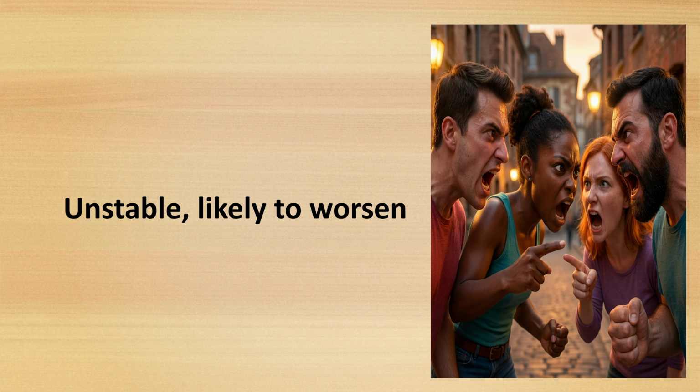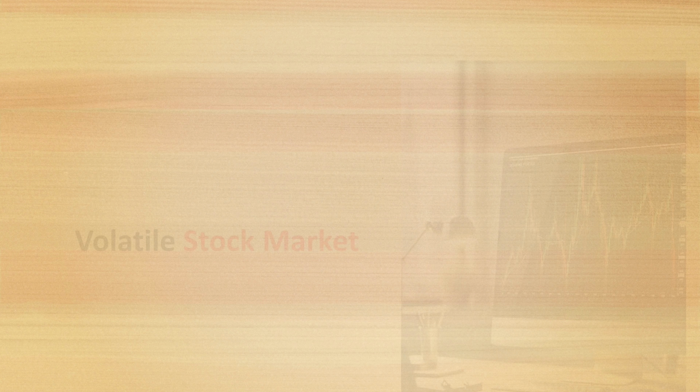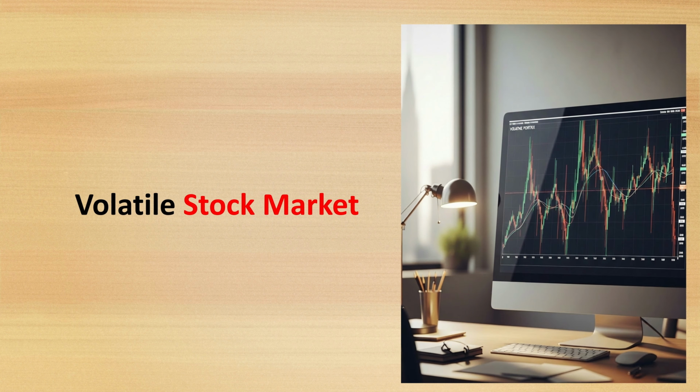In this illustration, you can see a group who is having a heated argument. Such a situation would be called volatile because it can quickly escalate, it can quickly turn into a fight. Volatile is also used for stock markets where prices are going up and down very quickly.